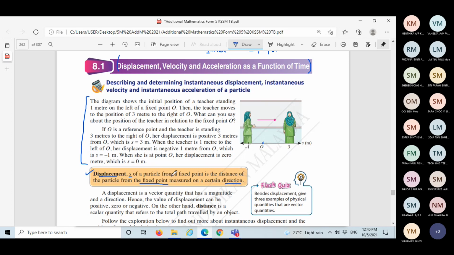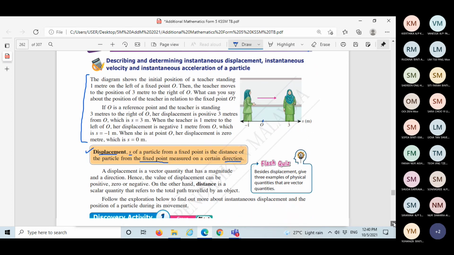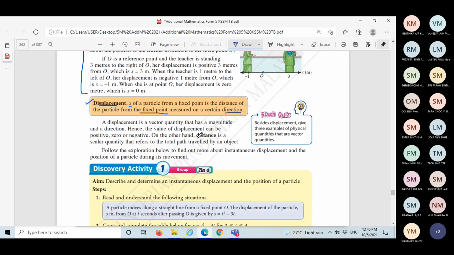The displacement S of a particle from a fixed point is the distance of the particle from the fixed point measured in a certain direction. Then what is the difference between displacement and distance? Displacement is a vector quantity; distance is a scalar quantity.